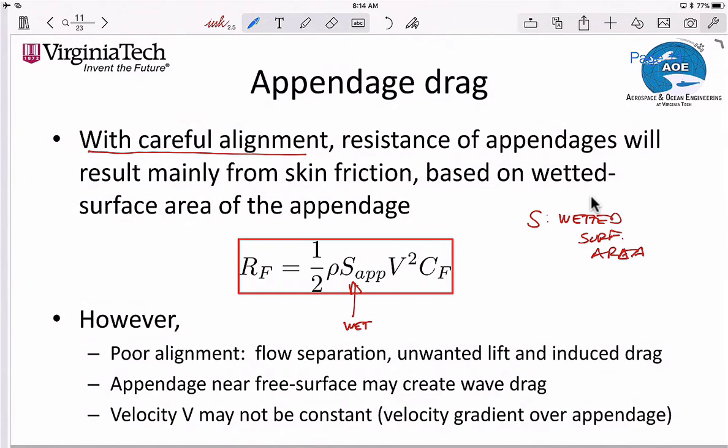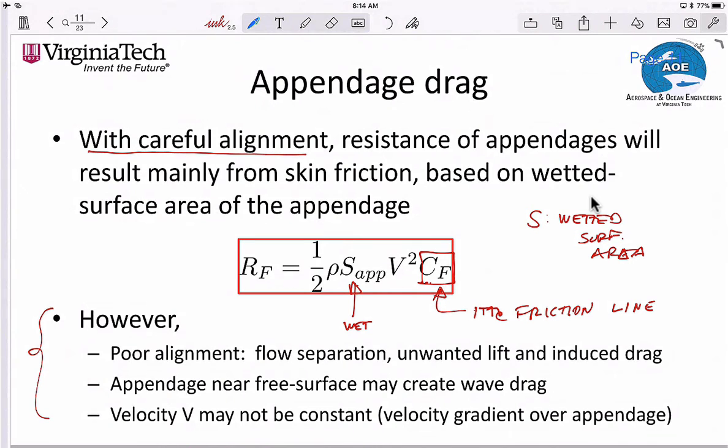So we can write out, based on the definition of the skin friction coefficient, R sub F over 1/2 rho S V squared. We can calculate the R_F if we know what it all comes down to. Do we know what C_F is? So if we know the wetted surface area, we could get this from the ITTC friction line, which is only a function of speed, really the Reynolds number.